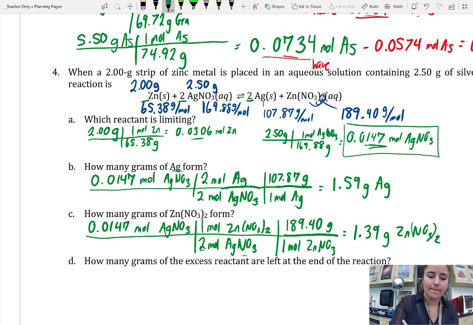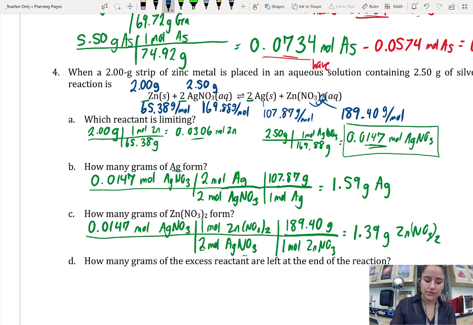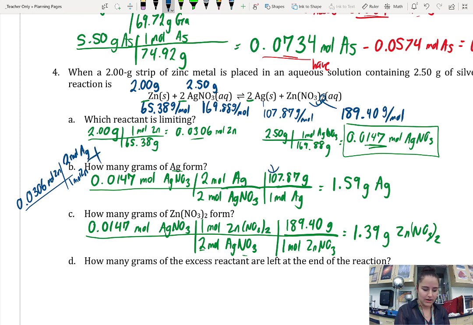So, for example, if I were to solve out this, but instead using my zinc, I would have 0.0306 moles of zinc, and then 1 mole of zinc gives me 2 moles of silver, and then the last step is just this one.